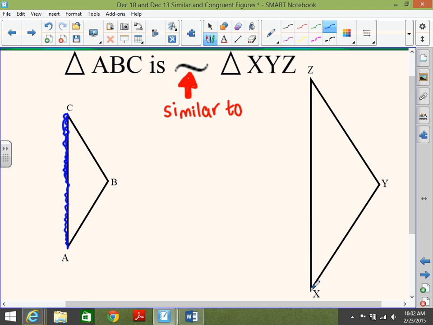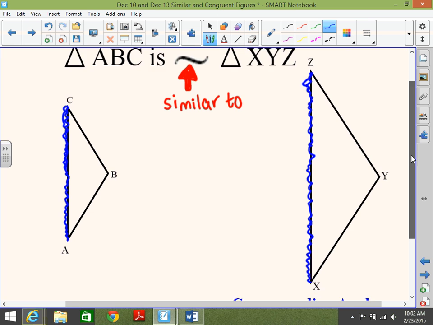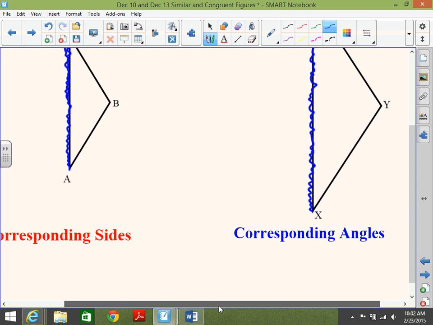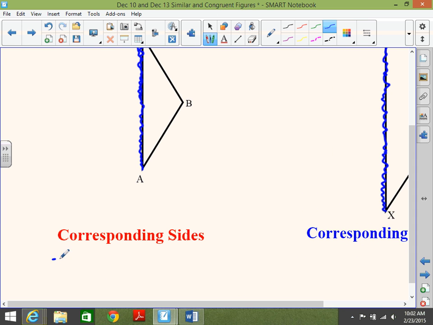That's right, XZ corresponds. They're in the same position. They're kind of like the backbone of the triangle. So down here underneath our heading, corresponding sides, we're going to write side AC corresponds to side XZ.